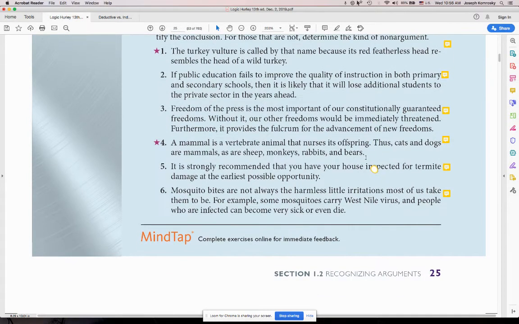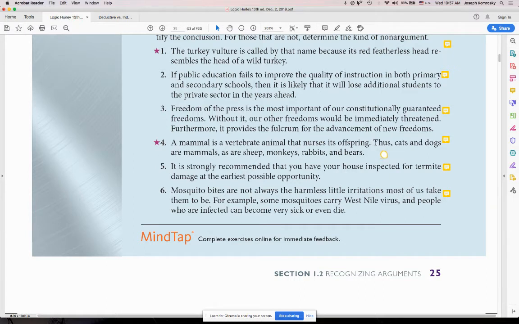Number 4: A mammal is a vertebrate animal that nurses its offspring. Thus, cats and dogs are mammals, as are sheep, monkeys, rabbits, and bears. So we have the word thus. Remember, that's a premise or conclusion indicating word. Conclusion indicating, right? So is it an argument or is it another type of non-argument?